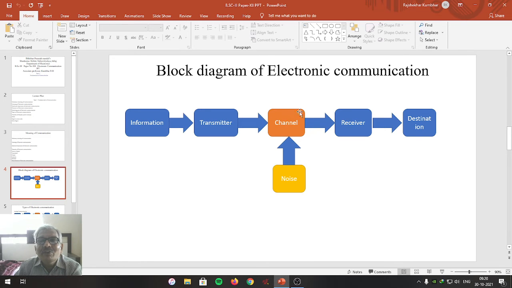unwanted things start to occur. When it travels through space, so many sources of high frequency noise exist. The radiations coming from the sun and the radiations present in the atmosphere may be added along with the high frequency carrying information, and that is called noise because it is an unwanted signal.